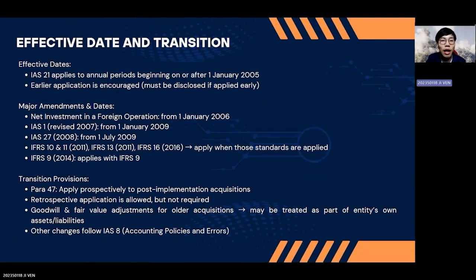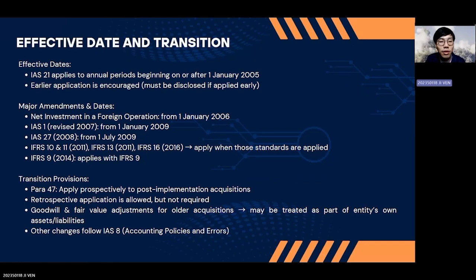And the last is the effective date and transition. So the standard became mandatory for annual periods beginning on or after 1st January 2005, although earlier application was encouraged as long as the entity disclosed it had done so. Several important amendments followed. In 2005, the amendment on net investment in a foreign operation introduced paragraph 15A and changed paragraph 33, applicable from 1st January 2006.